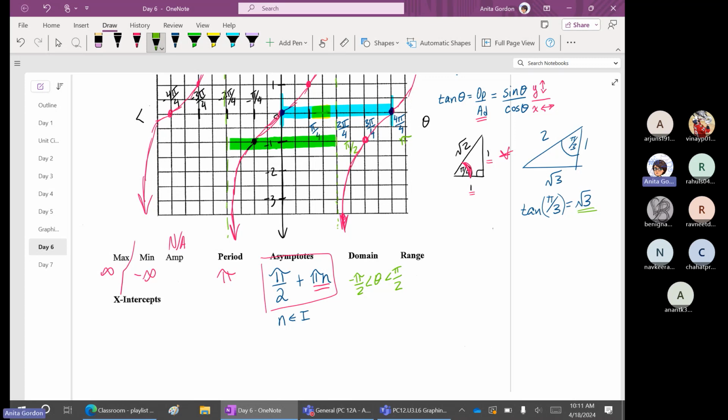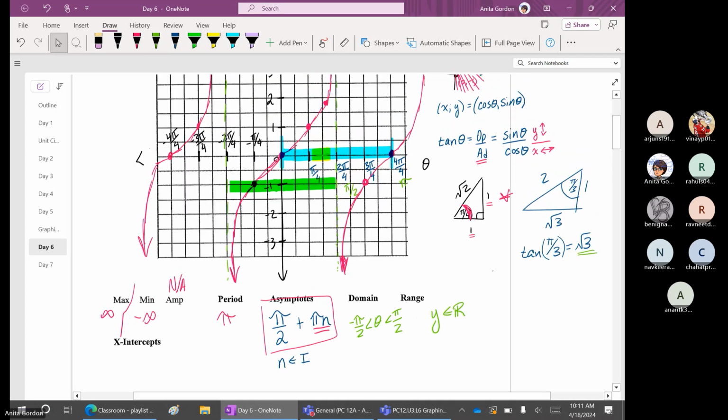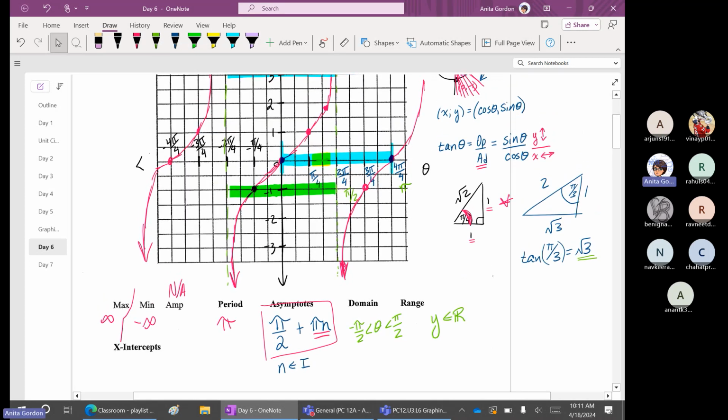And what about the range? This is something that's different between sine and cosine. You could have any x value, and their range was restricted between negative 1 and 1. Here, your domain is restricted, but you're allowed any y values.